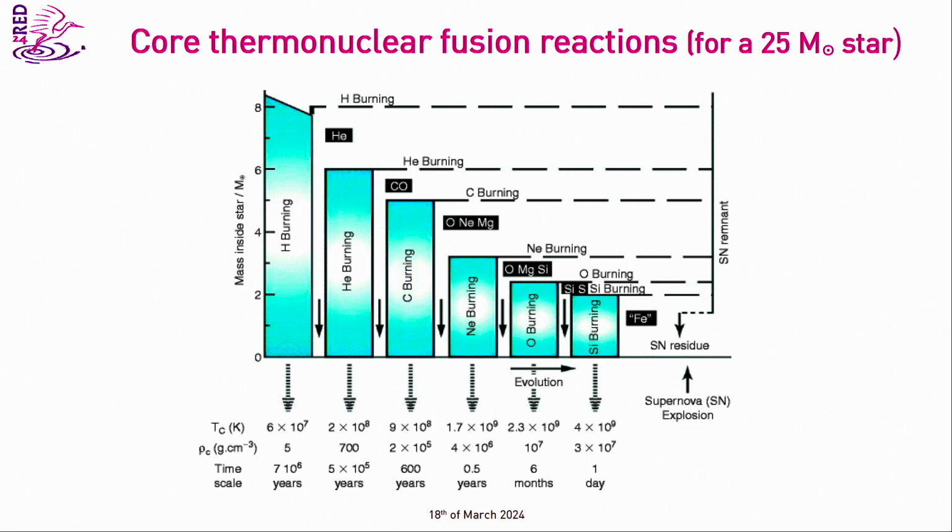Okay? And as the center has been contracting, the temperature also rises in a shell around the core. And so you have a core which is providing energy with helium burning, but it's surrounded by a hydrogen burning shell. Okay? Because there is lots of hydrogen. The hydrogen is exhausted in the core, but all the rest of the star is full of hydrogen, as in the beginning.